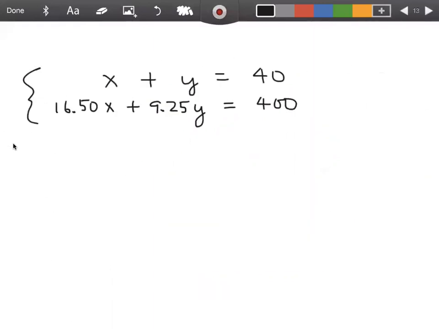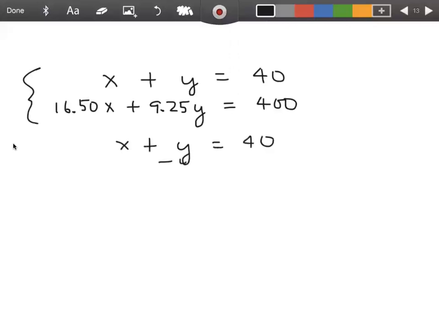That brings us to the macadamia problem. We have x plus y equals 40 and 16.50x, an astounding 16.50, plus 9.25y equals 400. I will use substitution for this one. I will take the first equation and, oh, what the heck, let's solve it for x this time.